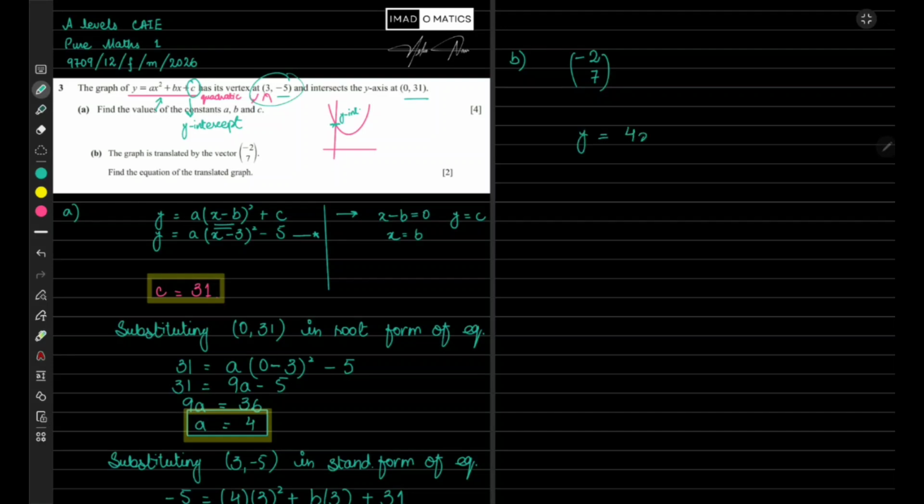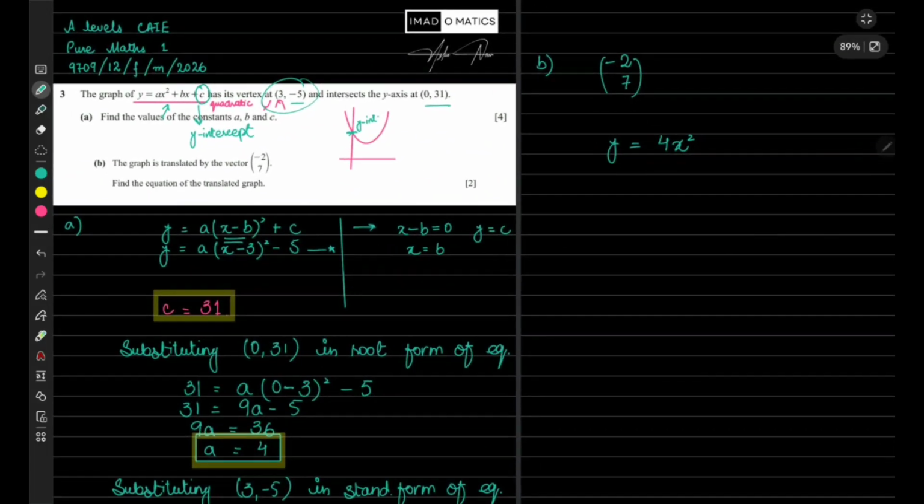So the original equation is actually 4x square minus 24x plus 31. When it is translated by the vector (-2, 7), the minus 2 means it is shifted 2 units to the right.